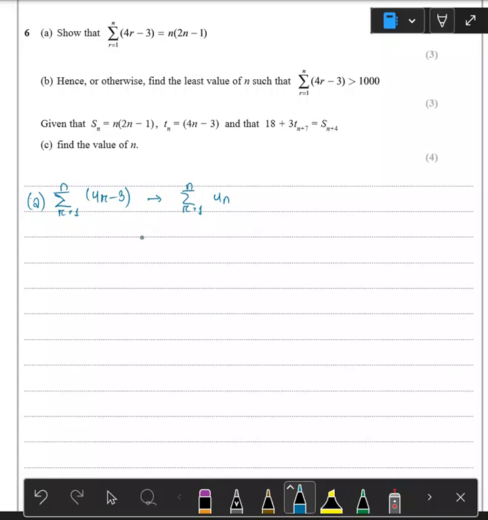The difference between them is that in an arithmetic progression, each term has a common difference between them, while in a geometric progression or geometric sequence, each term is separated by a common ratio.